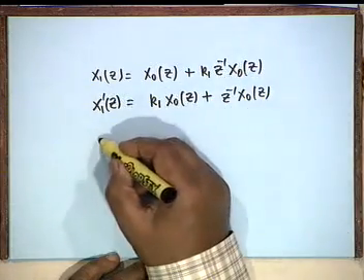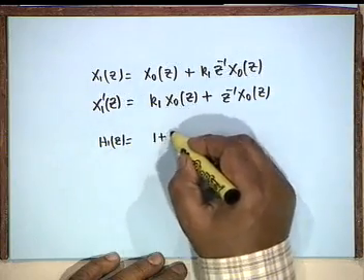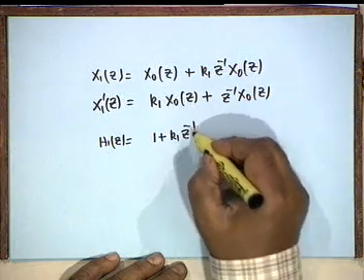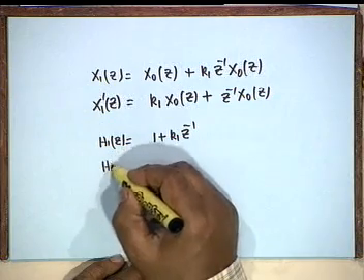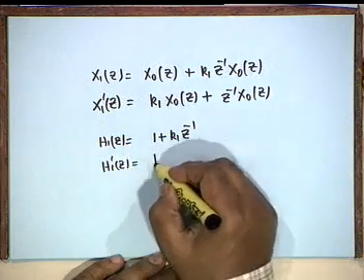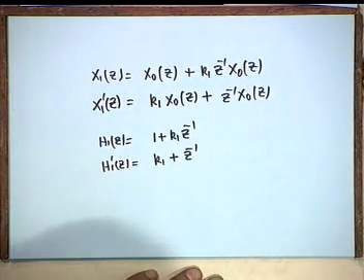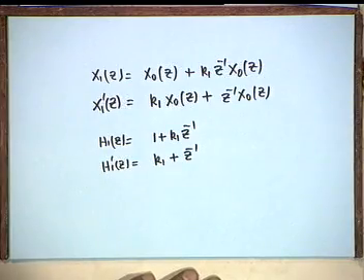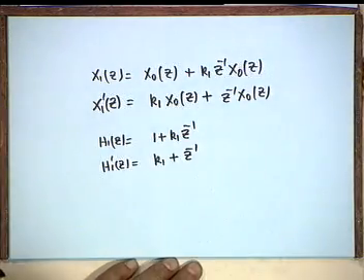In other words, H1(z) shall be equal to 1 plus K1 z inverse, right, and H1'(z) shall be equal to K1 plus z inverse, right. Now, don't you see that the ratio of the two is an all pass function? You see, it is very intimately related to all pass.